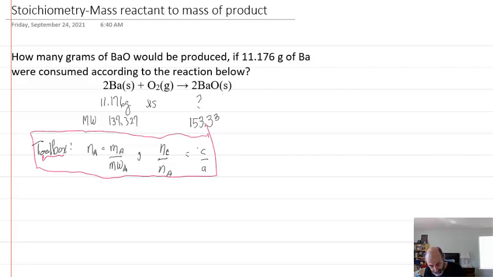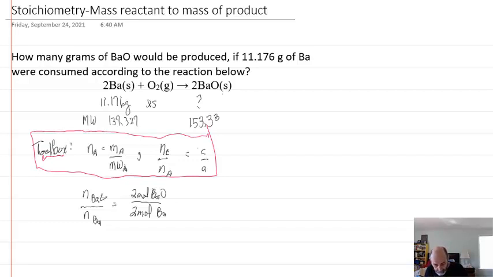So we would have that the number of moles of BaO over the number of moles of Ba equals, and then we look up at the balanced reaction and we see that there are 2 moles of BaO for every 2 moles of Ba. So the ratio of this coefficient will of course be just 1.